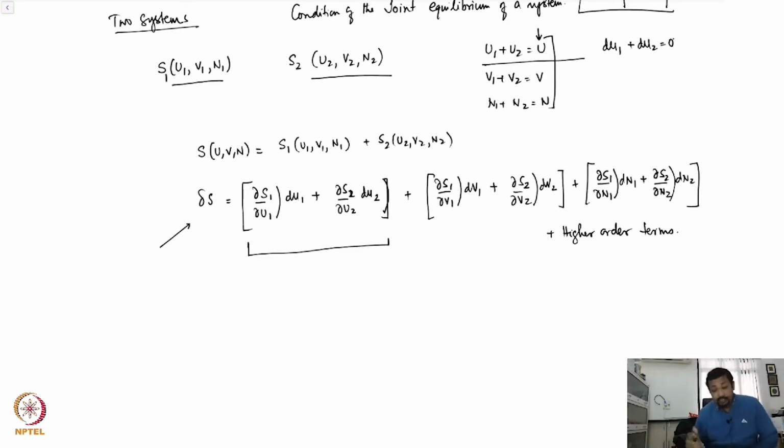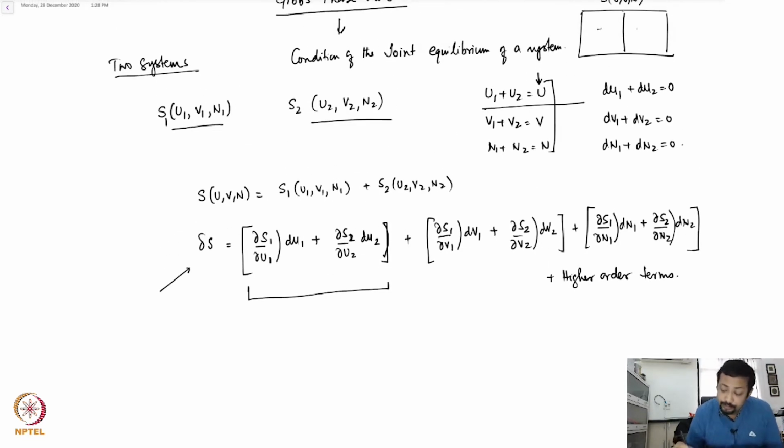Now dV1 plus dV2 is going to be 0 and dN1 plus dN2 is also going to be 0, which means you can imagine that if I move this partition infinitesimally to the left, a part of this volume goes. This is an imaginary partition, by the way.